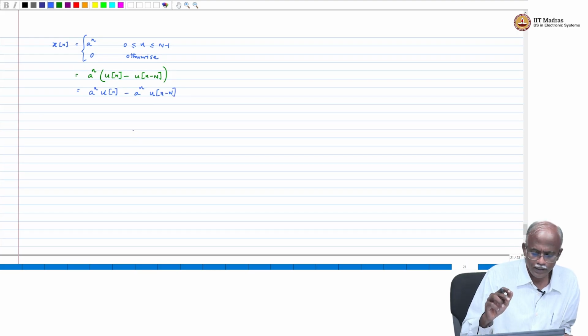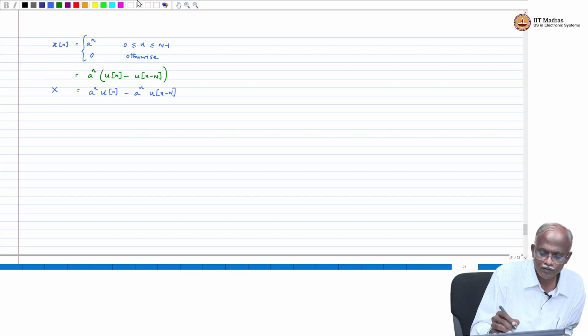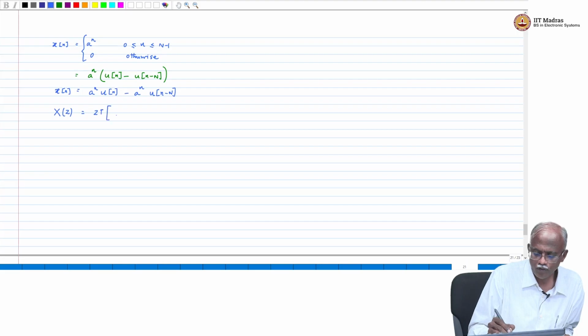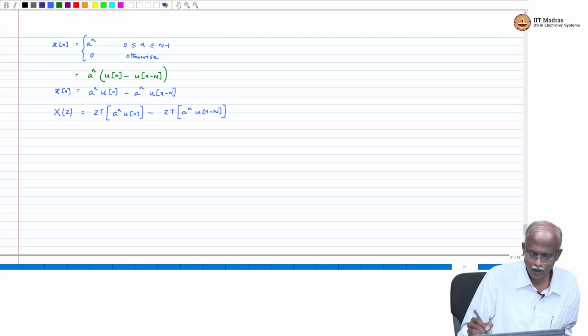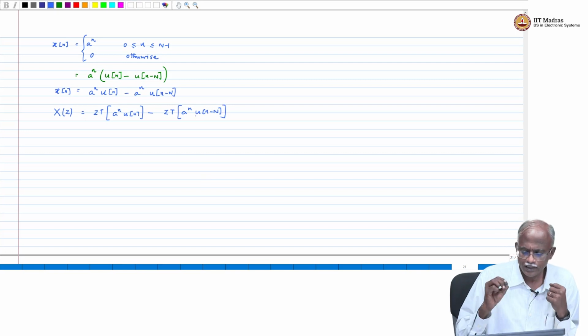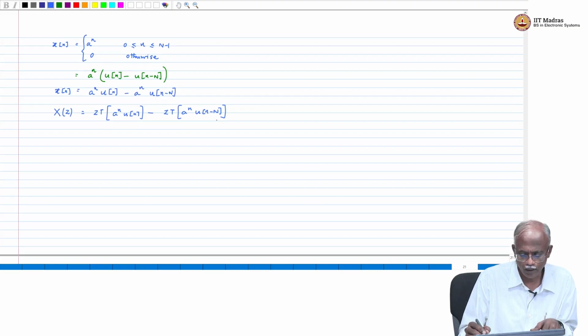Okay, and what we can then do is, if this is x of n, then we can say that x of z is equal to the z transform of a power n u of n minus the z transform of a power n u of n minus N. This is what we would like to compute, and then look at the ROC, get the intersection of the two ROCs, and all of that will have to be done.